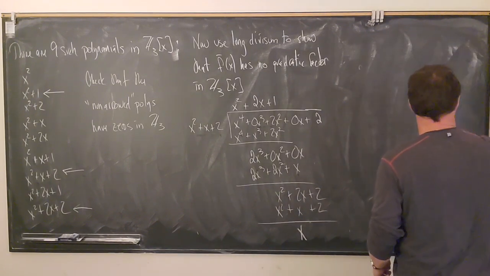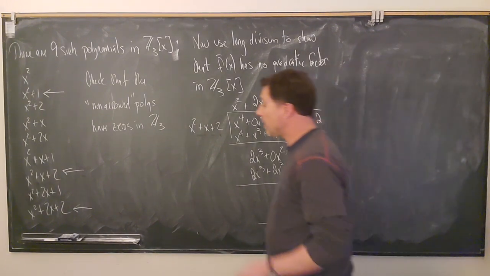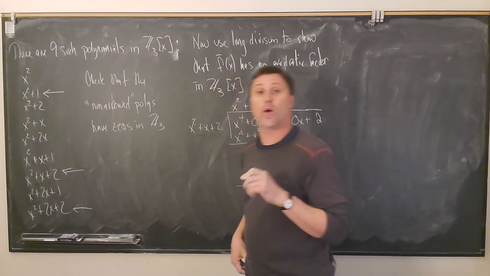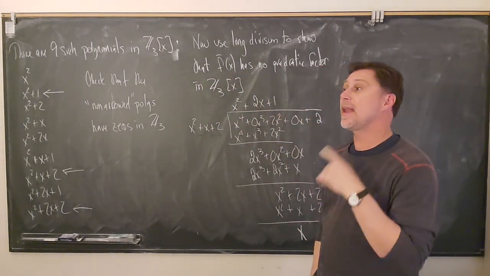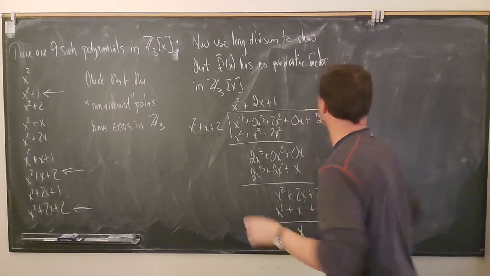Okay, so what did we do? We showed that f bar is irreducible over Z3, which means that f is irreducible over Q. So let's just write that down.